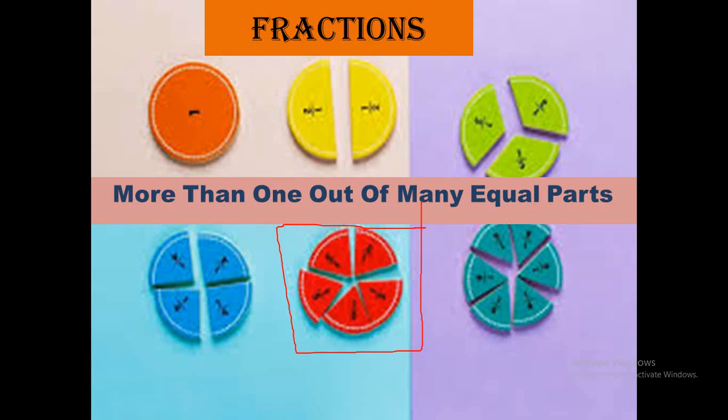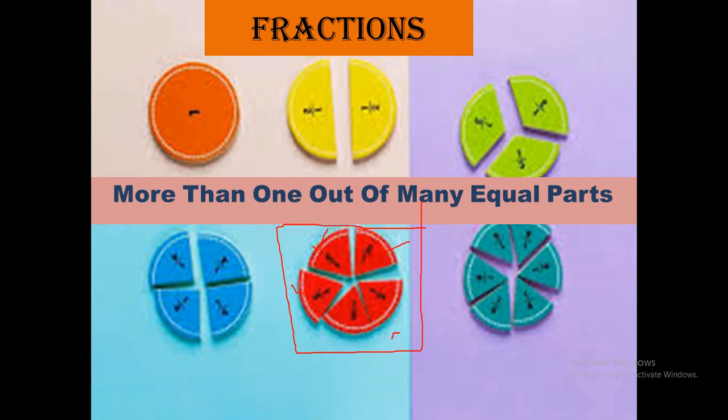If I ask you to pick some parts out of these equal parts, suppose you have picked these 3 parts. 1, 2, 3. These 3 parts you have picked up, right? So here you have picked more than one out of many equal parts, right? How many parts are here in this figure? Equal parts 1, 2, 3, 4, 5.